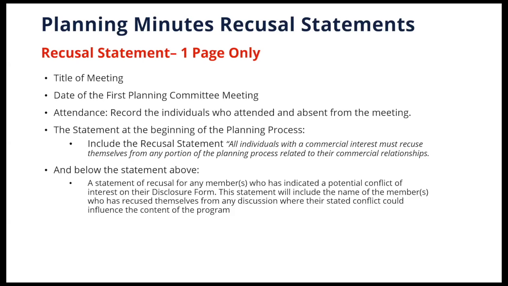The key factor is the statement at the beginning of this planning process. We would need to have on that sheet a recusal statement as noted here. All individuals with a commercial interest must recuse themselves from any portion of the planning process as it relates to their commercial relationships.